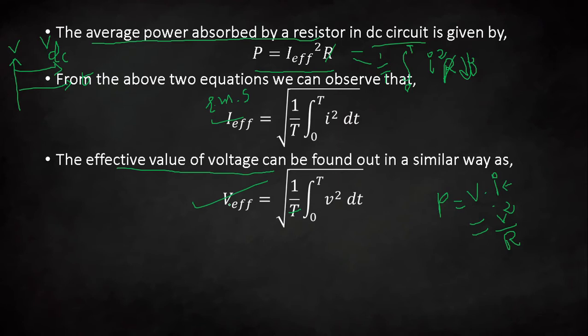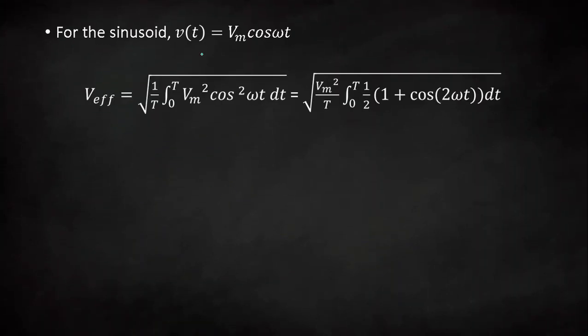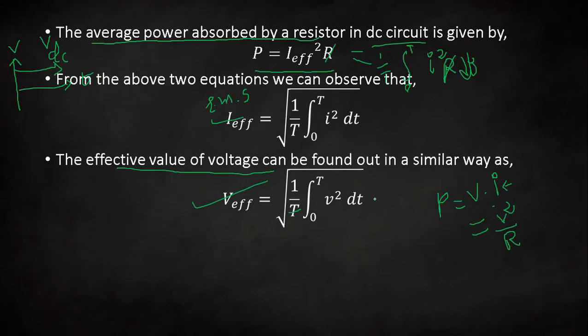Now let us consider an example where you have a sinusoidal voltage represented by V of t is equal to Vm cos omega t. Here Vm is the amplitude of your sinusoidal voltage and omega is your angular frequency. Now if you want to find the RMS value of voltage, put your voltage V of t into this equation, the same equation we are using.